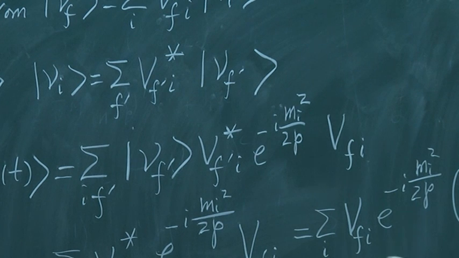So this whole combination is equal to the exponential of minus i m squared divided by 2p.